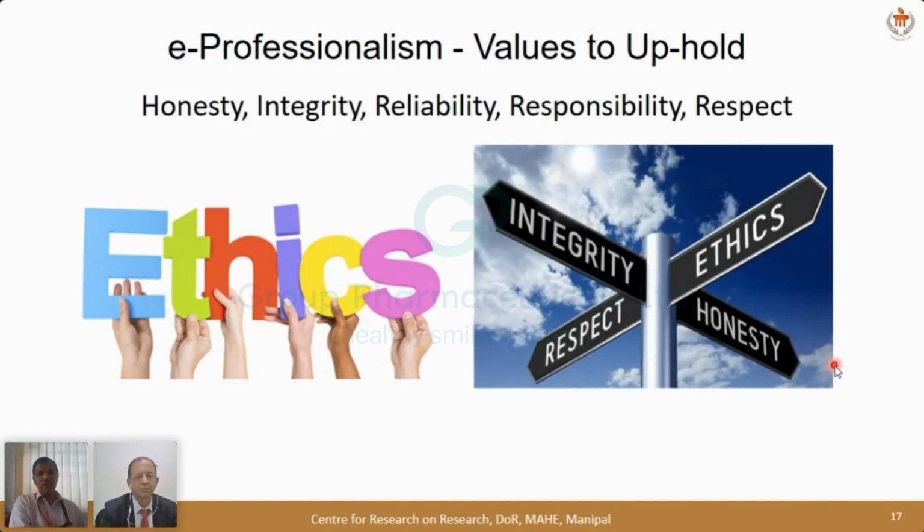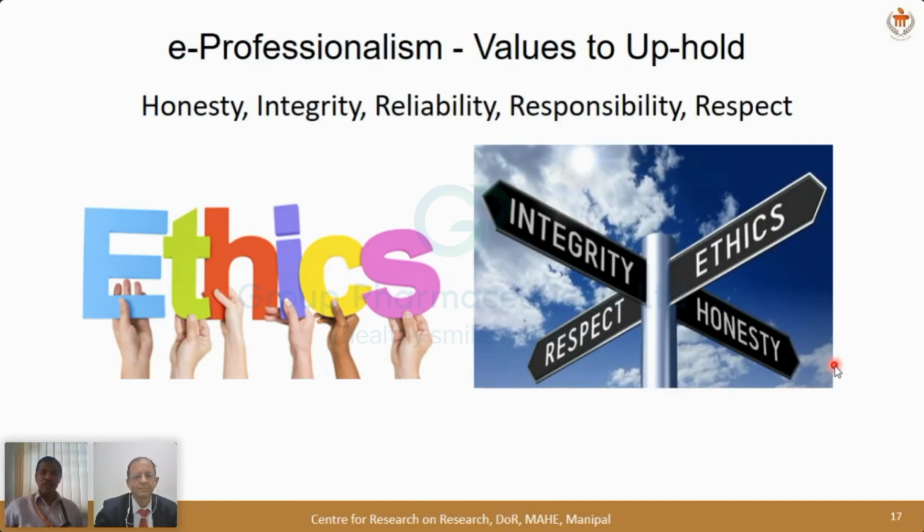At the same time, we have to have respect for each other, respect for the profession, respect for the people, respect for the teacher, respect for all and every object in this world. That is what is important in professionalism or e-professionalism. Everything we consider as honesty can be different.